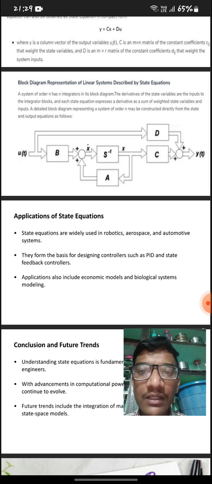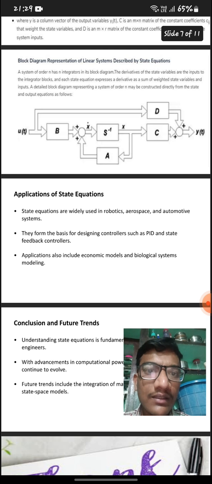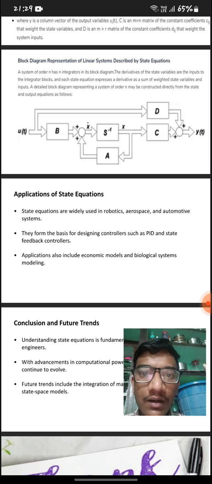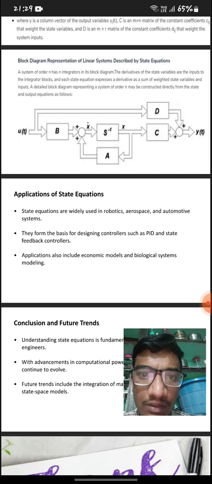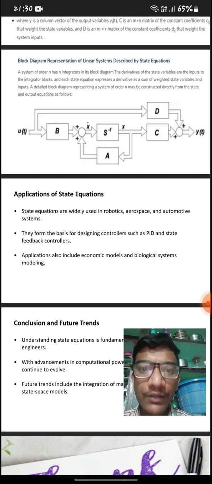First, u of t goes to b, and it also goes to d. From b it goes to the integrator, 1 by s, and from the integrator it goes to c, and also back to a, which goes as feedback. Here we have a summing junction with plus signs, and we also have x dot from b to the integrator, and x from the integrator to c.